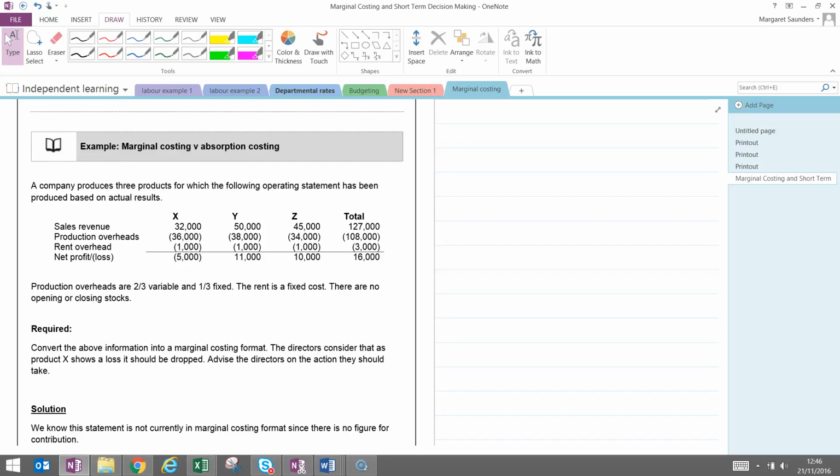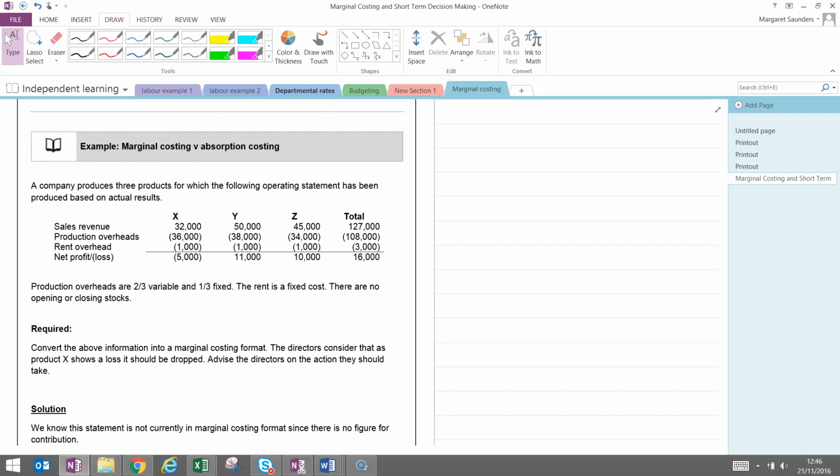Right, so the first thing we need to do is have a look at our statement. Now it's telling us to convert it into a marginal costing format. We know that it is not currently in a marginal costing format because it does not show any contribution. And in marginal costing, we have the term contribution.